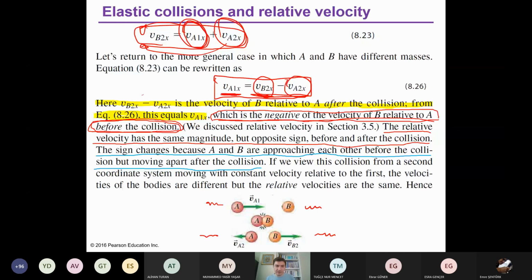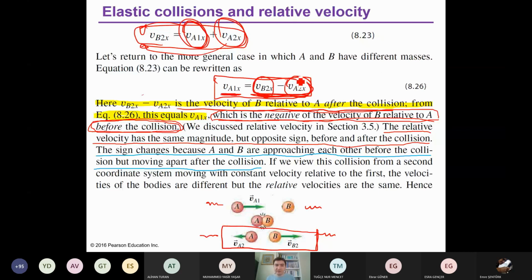We have learned relative velocity. This is the relative velocity of B to A, or the velocity of the B ball relative to the A ball after the collision. So this expression on the right side gives us the velocity of B relative to A.